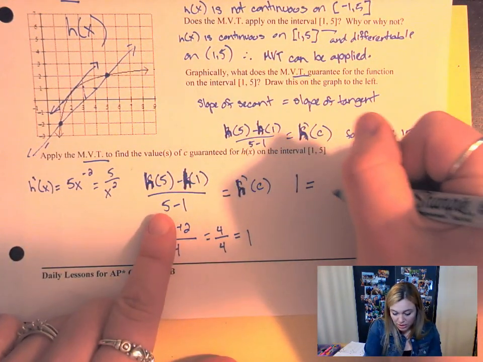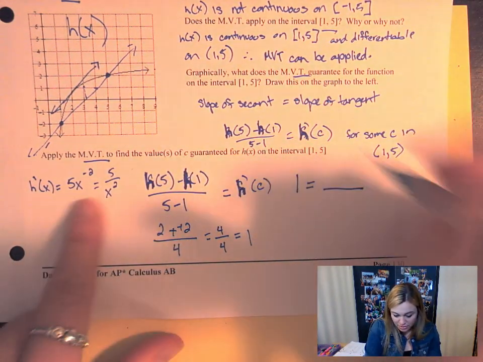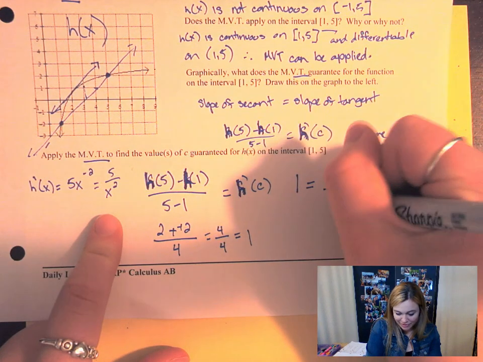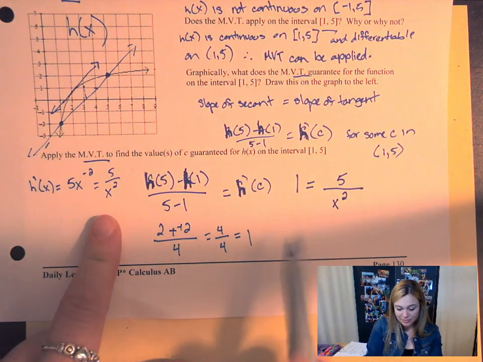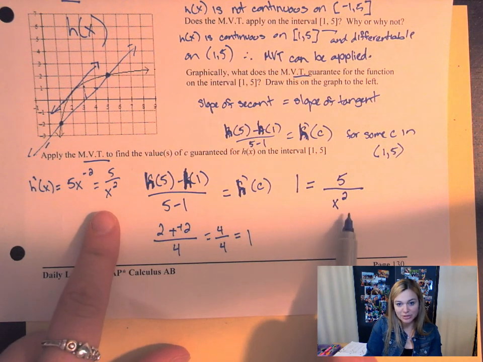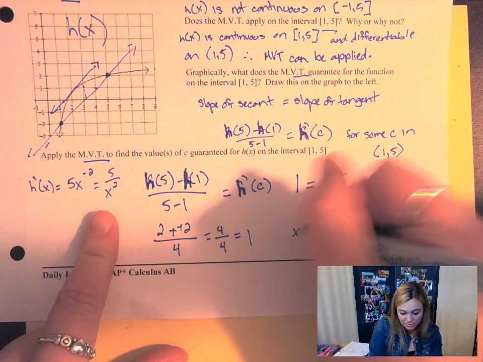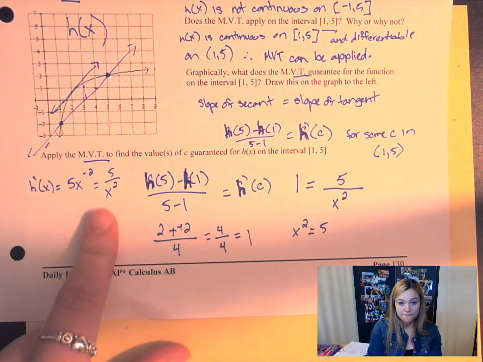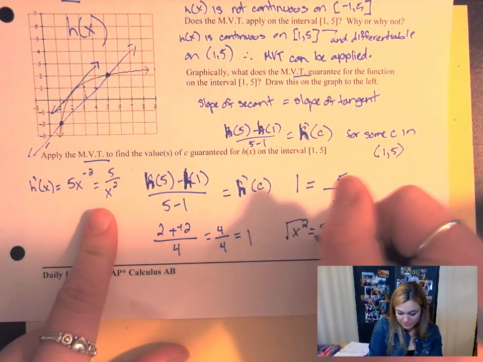Okay, so this would be, I don't know why I drew that so big, 5 over x squared. This is my average rate of change, was 1. My instantaneous rate of change is my derivative. And now I solve for x. Multiply on both sides by x squared. Square root of both sides.